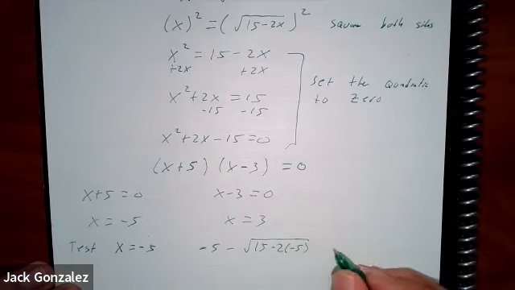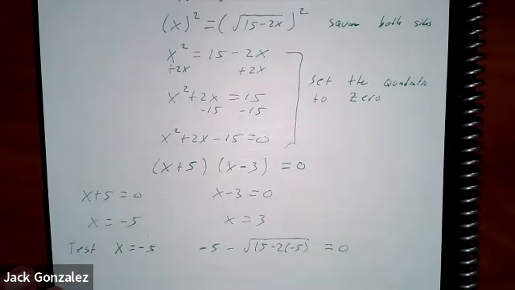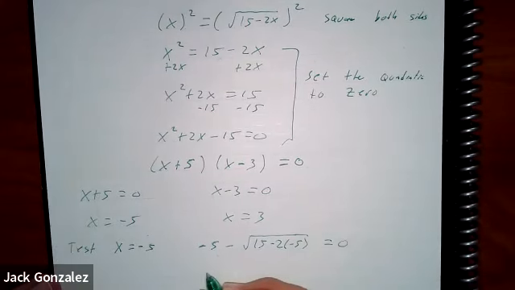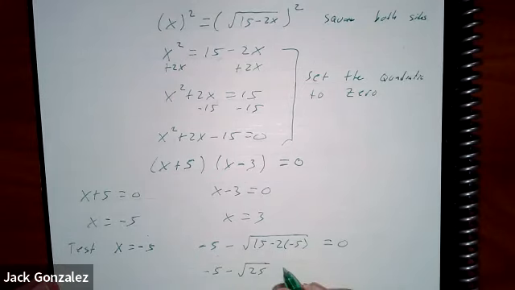Okay. So plug in negative 5 into the original. Is it in fact 0? See, negative 2 times negative 5 comes out to positive 10. Then 15 plus 10 is 25.